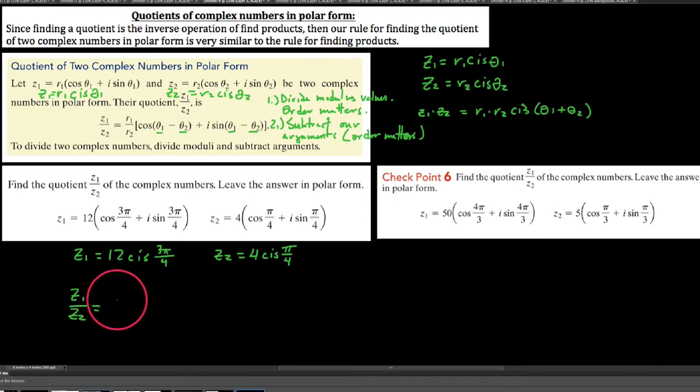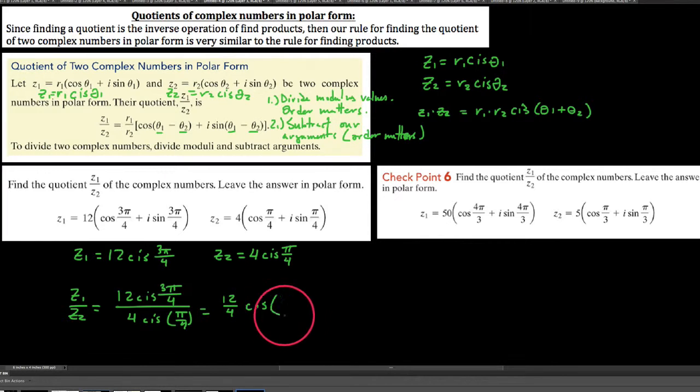Basically we would start by saying we have 12 cis 3 pi fourths divided by 4 cis pi fourths, and according to our rules from up top, we get 12 divided by 4 first. And we take this times the cis of the first angle, the argument of the number being divided, 3 pi fourths, minus the second argument from the number that was dividing the first.